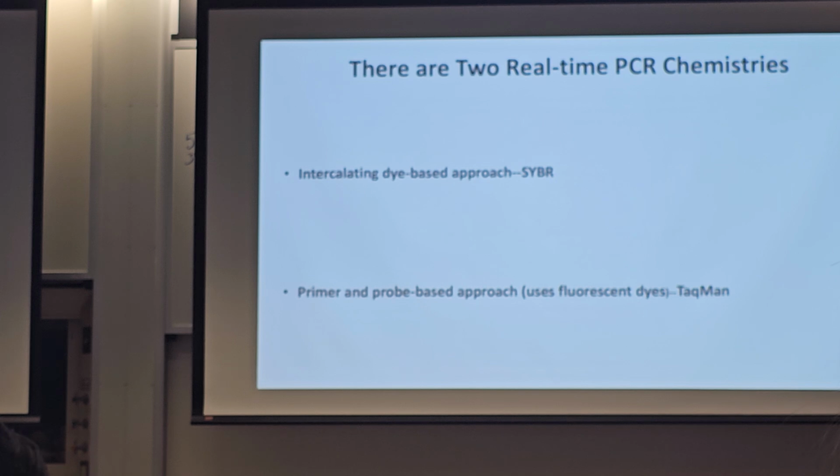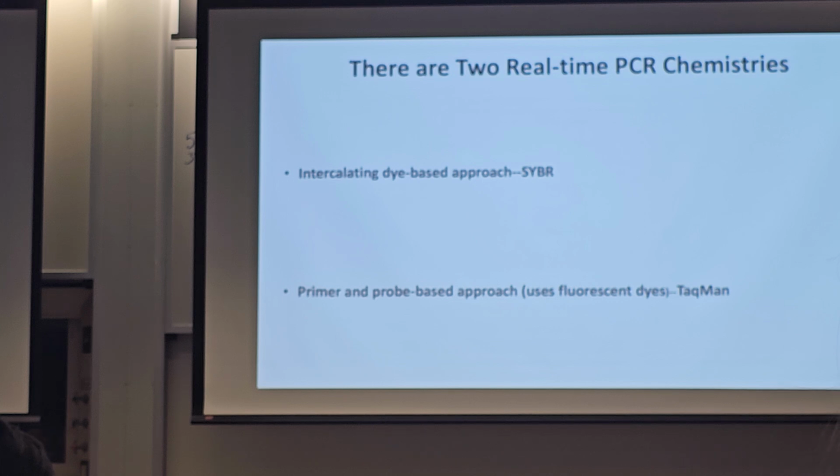All right, there are two real-time PCR chemistries that are in use, and we're going to do both of them. One is an approach using SYBR, which you've already heard about because we stain our gels in SYBR Green, so this is the same dye.